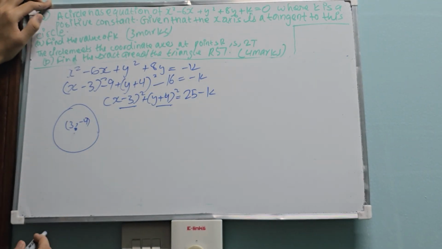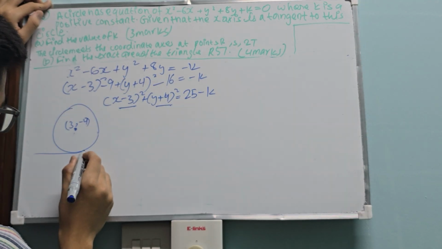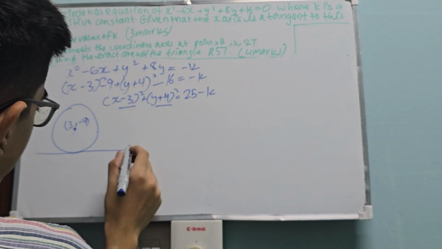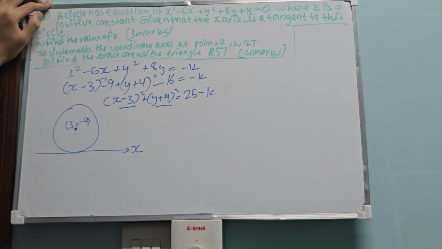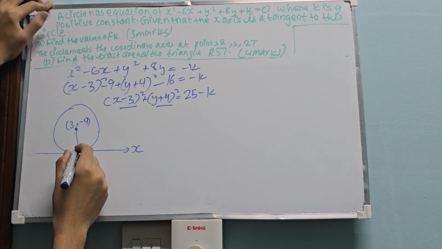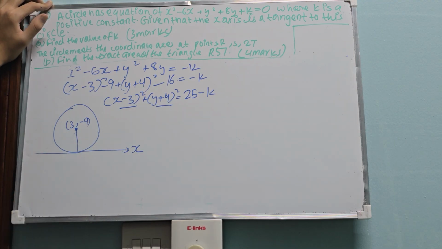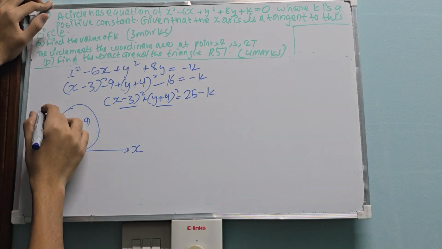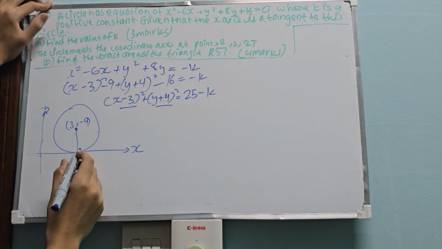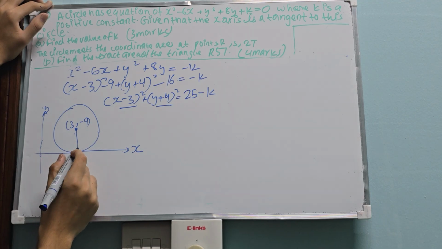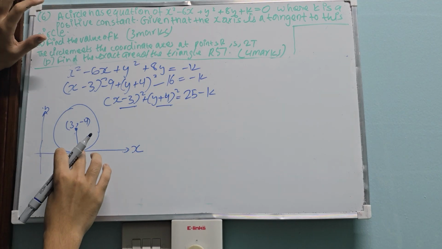And we are given that the x-axis is a tangent. Now, if the x-axis is a tangent to the circle, we are interested to find this point on the circle.